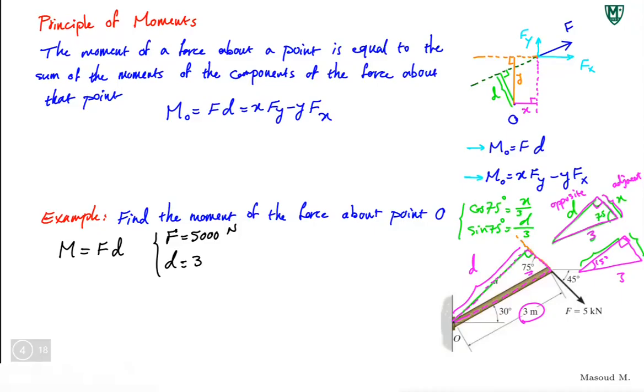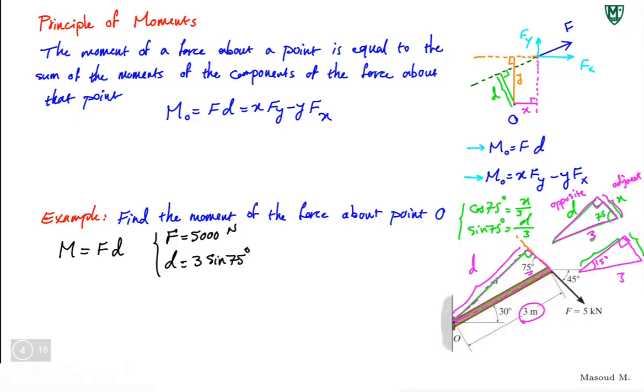So d becomes 3 sine 75 degrees, whatever that value is. Actually, I don't have it calculated here. This is the first approach, the approach we're familiar with. Find the line of action for the force and find the perpendicular distance between the line of action and the point O. All right.